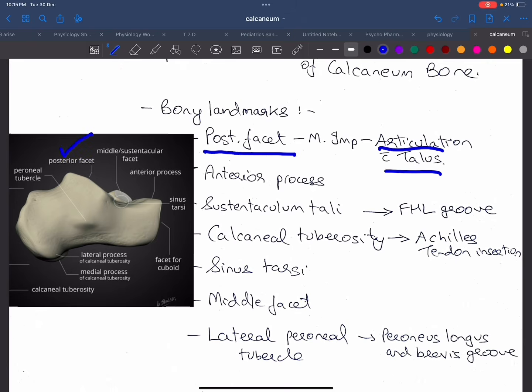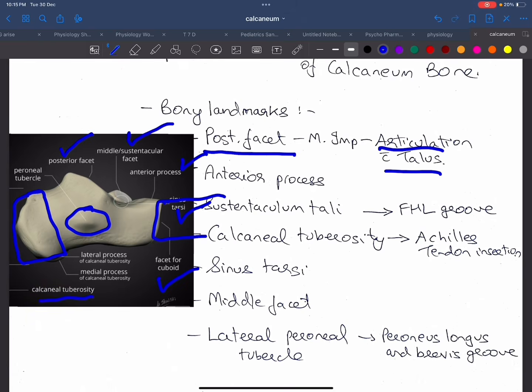So we discussed the posterior facet, anterior process, sustentacular facet, sinus tarsi. Clearly this articulates with the cuboid, so this is the facet for the cuboid, and this is the lateral peroneal tubercle. This is the part which helps us in entering the calcaneum, which is the calcaneal tuberosity.